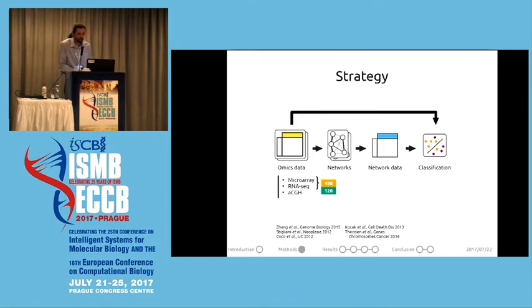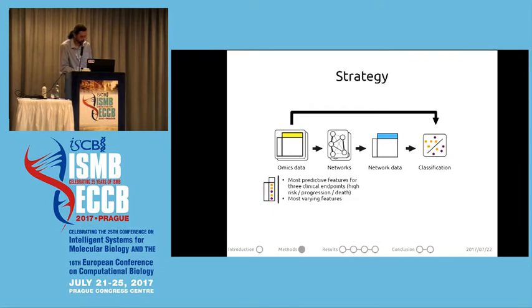In addition to the omics data, as already mentioned, we have clinical data. What we did is to first extract relevant endpoints that we wanted to predict. Those are the disease risk, disease progression, and death from disease. Those are binary features that are available for all patients.